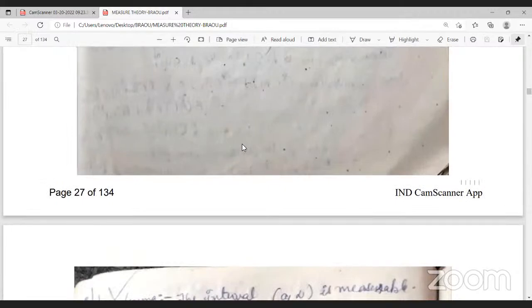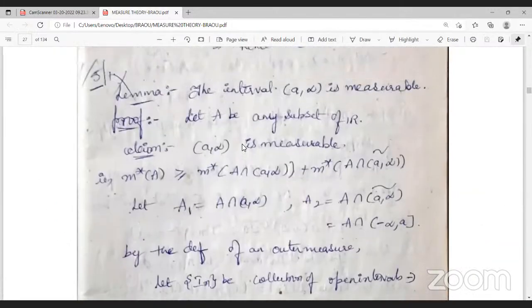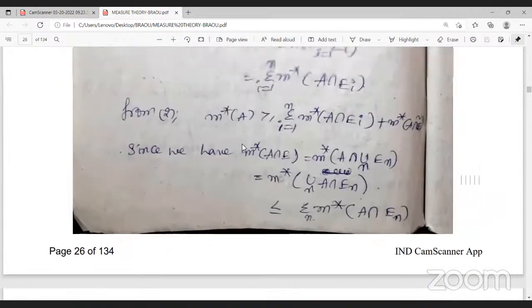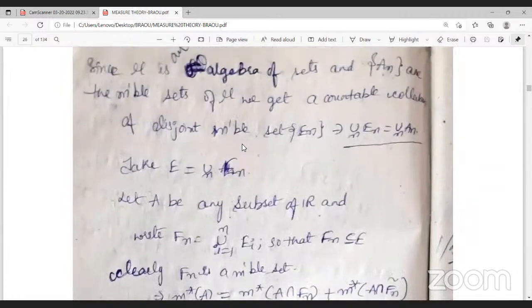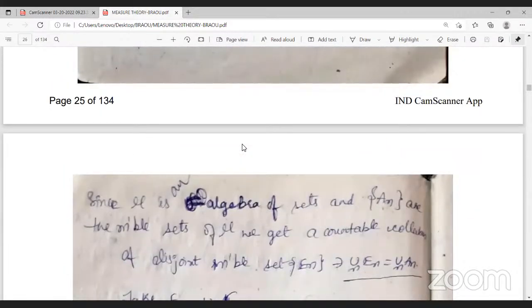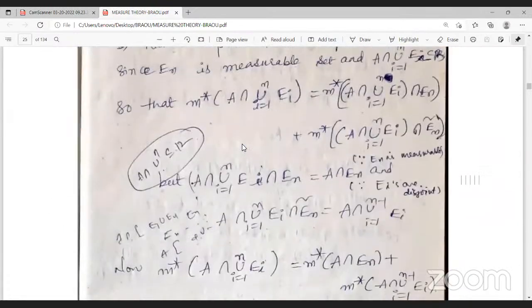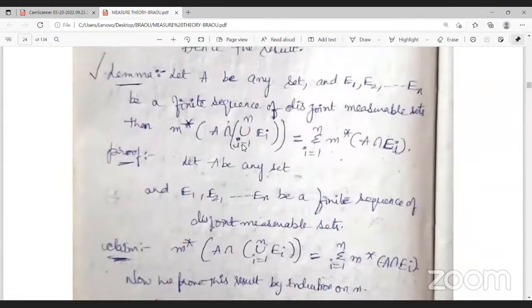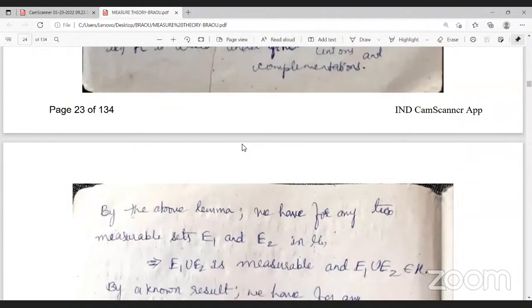If n equal to 2, observe here. Let E1, E2 be pairwise disjoint.